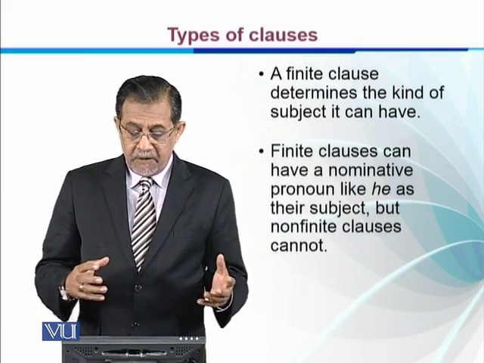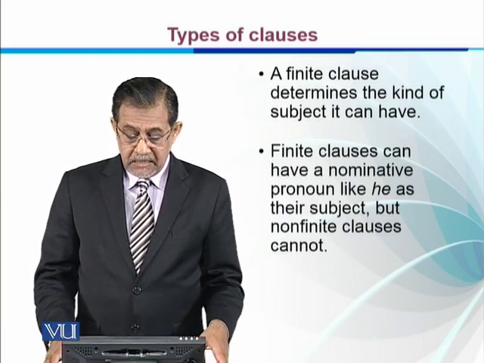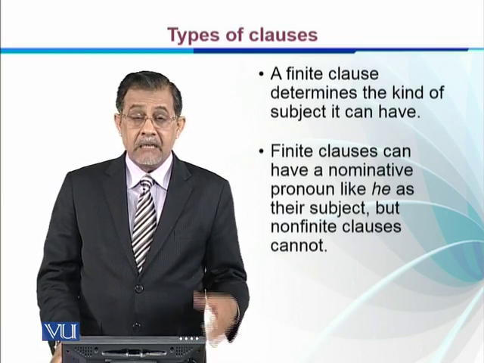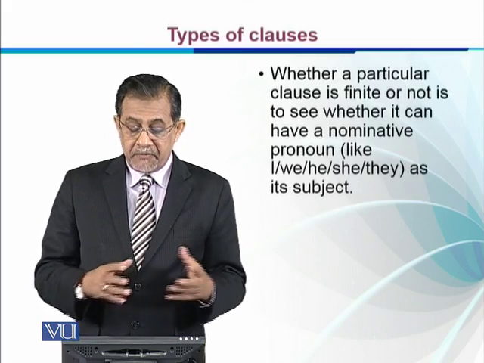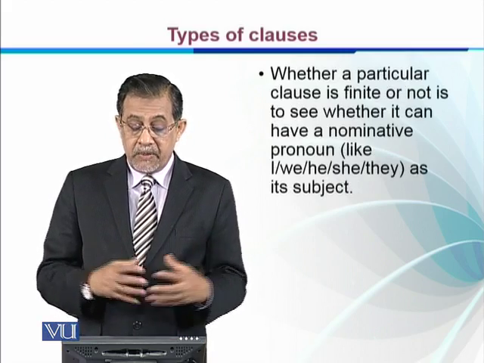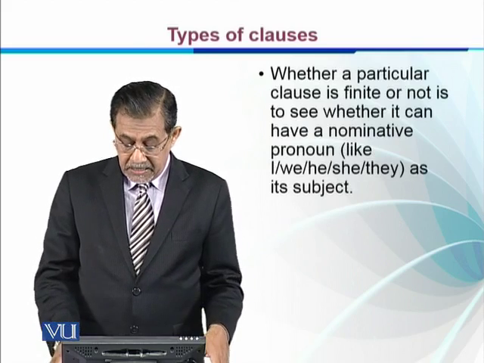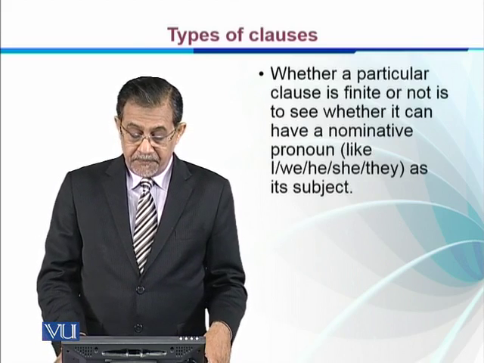Finite clauses can have a nominative pronoun like he as their subject, but non-finite clauses cannot. To see whether a particular clause is finite or not, see whether it can have a nominative pronoun like he, she, it, etc. as subject.